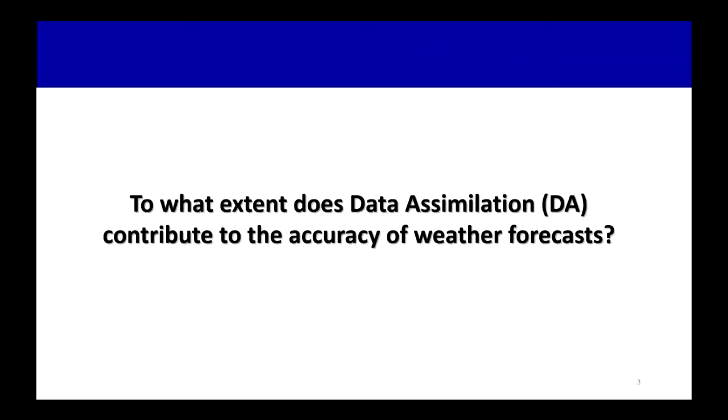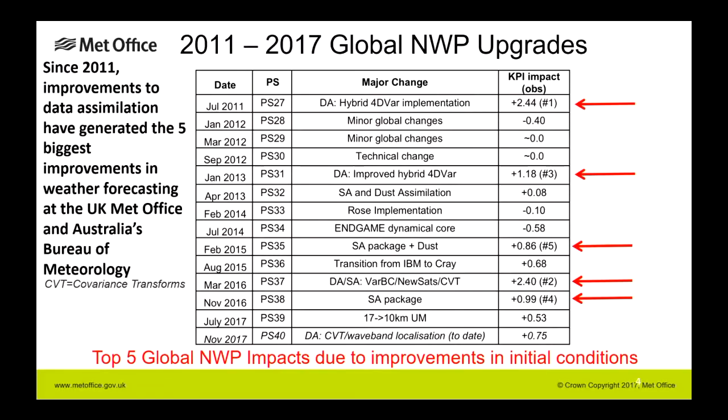Okay, so to what extent does data assimilation contribute to the accuracy of weather forecasts? That's a question we could ask. So here's a slide from the Met Office. And as Matt Wheeler just mentioned, Australia uses the Met Office system. And the Met Office has a skill score, which is based on the performance of their global model and their regional model.